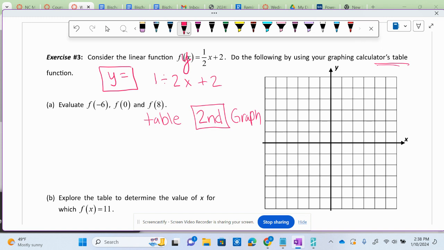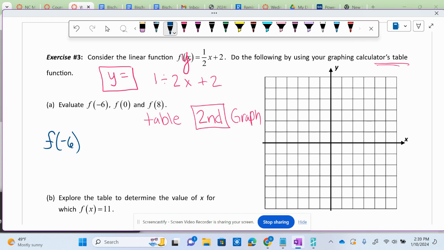So it's asking us to evaluate the function at f of -6. What the heck does that even mean? Who said they don't know? Colt, that was you that said you don't know. True? Yes, it was. Did you put in your function in your... So put your table really fast. Table set and make it start at 0. And then go second graph.